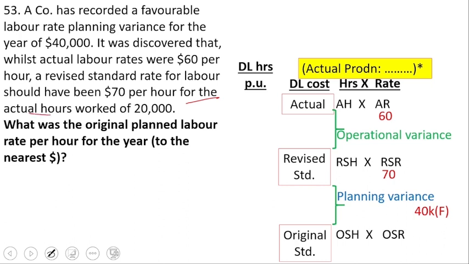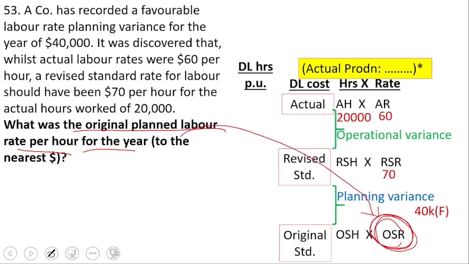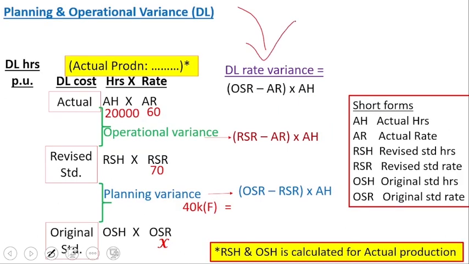For the actual hours worked of 20,000. So actual hours work 20,000, we will enter it under actual hours. What was the original planned labor rate per hour for the year? So they are asking us to find out the original standard rate. So that is unknown. So we will take that as X. So here I have just added the formulas also.